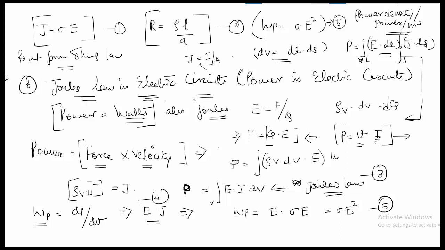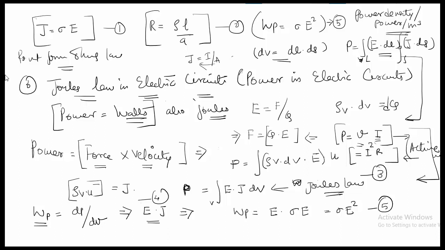So what you have got here is P is equal to VI. If you are substituting the value of V as IR, you can get in the form of resistance as I square R. So this is valid for resistive circuits for DC and AC, and it's possible to compute the active power using this.